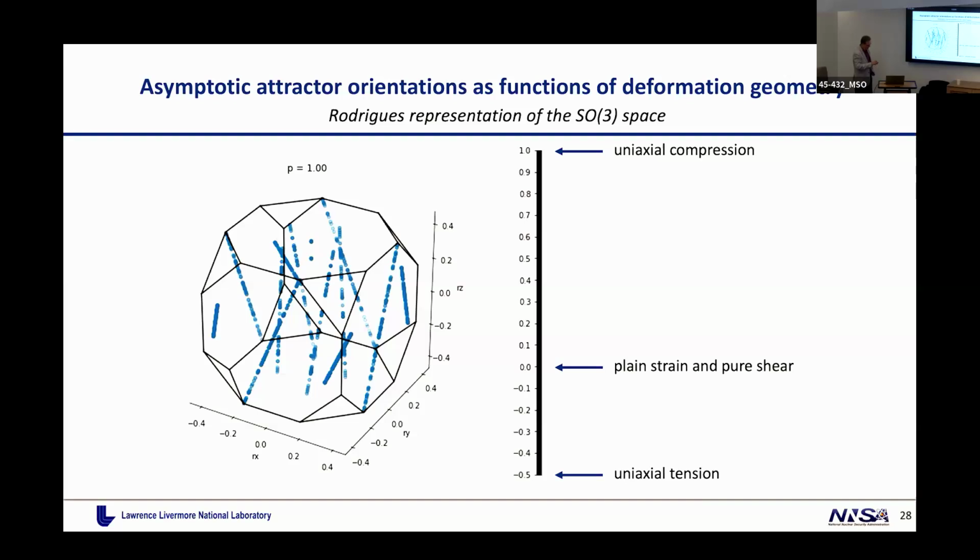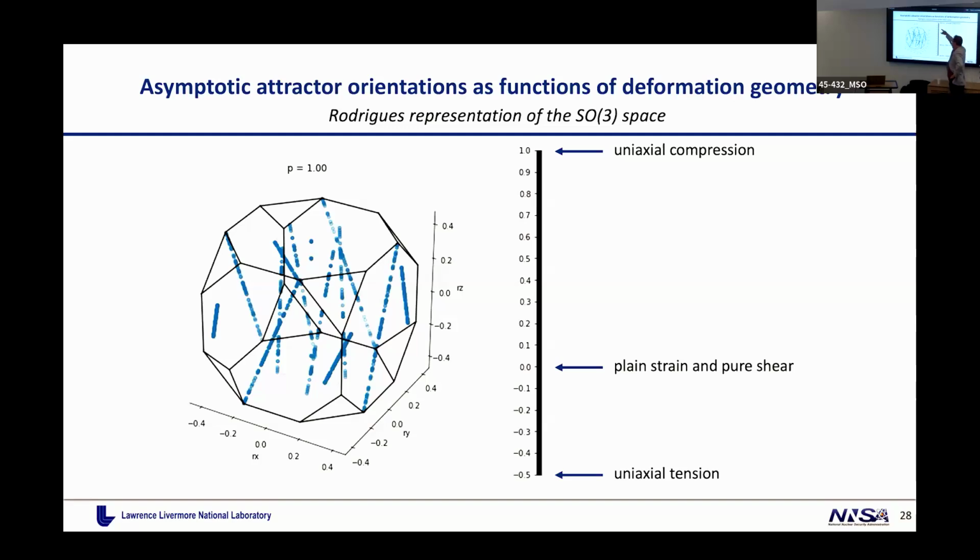I need to jump in. This is actually the Rodrigues space representation of SO(3). And what you see is that parameter, at that instant in the beginning of this movie, is equal to 1. How we define it doesn't matter. It actually ranges between 1.0 and minus 0.5.